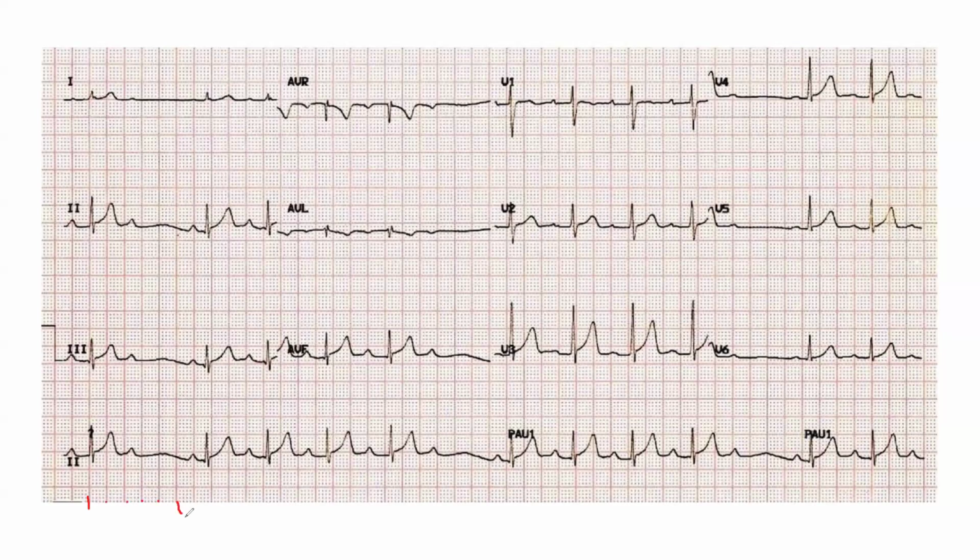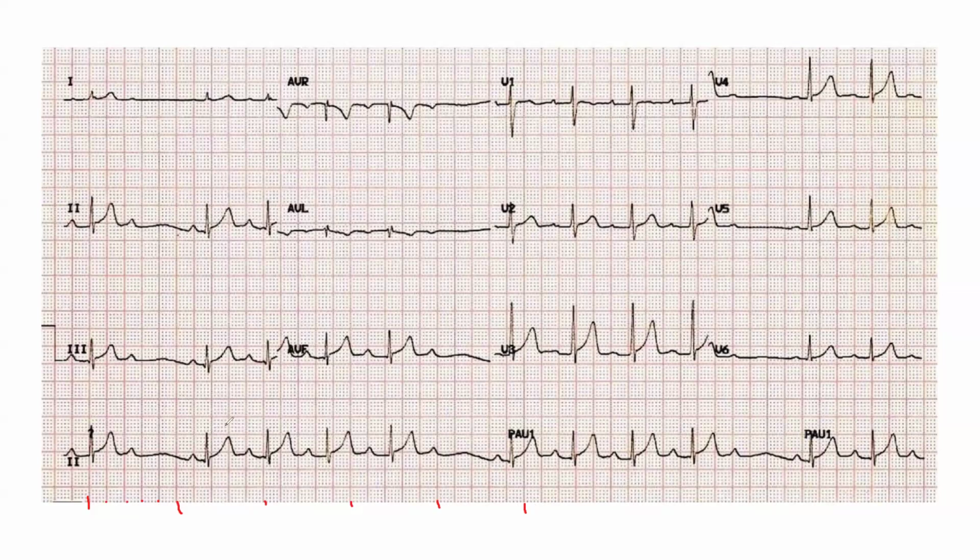I think it's about five, so 1, 2, 3, 4, 5, 1, 2, 3, 4, 5, 6. Five or six times 12. Here, 6 times 12 is 72. So it's normal.